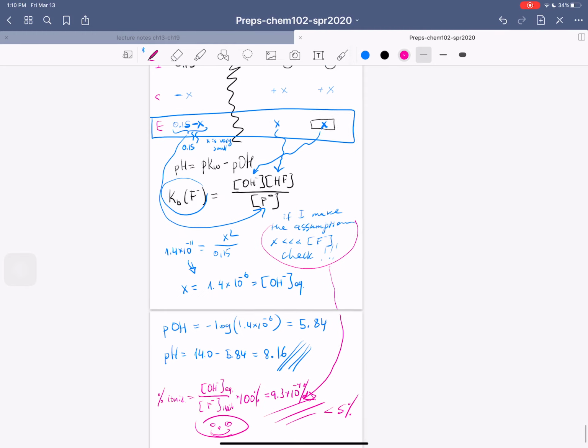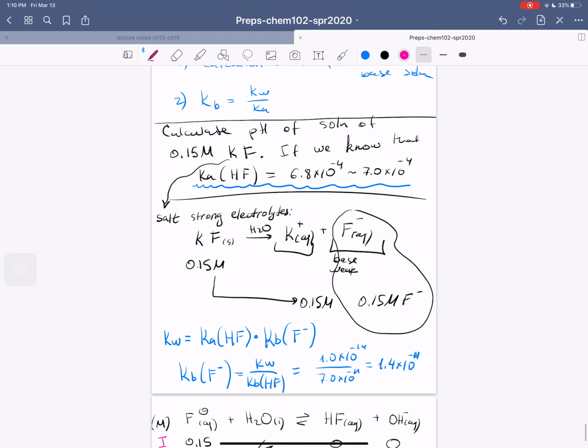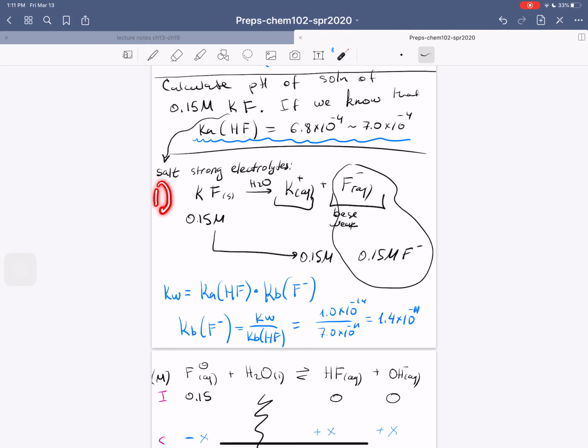So now let me zoom out of all this story and let me summarize. We were asked to calculate the pH of the solution of 0.15 molar concentration of fluoride salt, and we were given the value of the Ka. So what do we have to do? We have to analyze first. When you have a salt of potassium, all salts of potassium are strong electrolytes, and in the aqueous solution it will dissociate into potassium plus and fluoride minus.